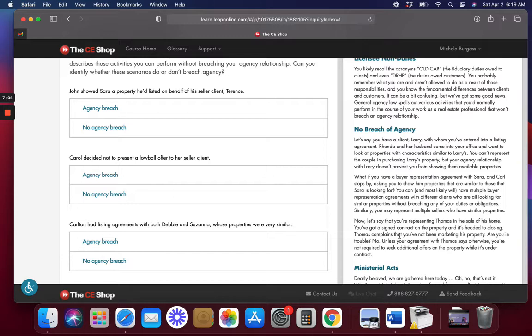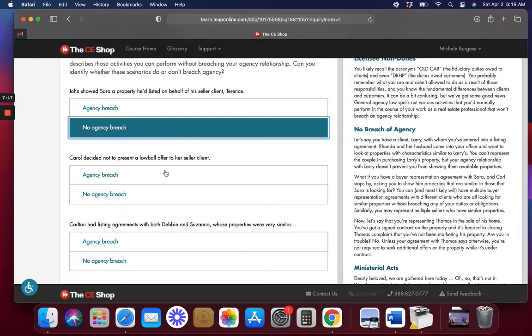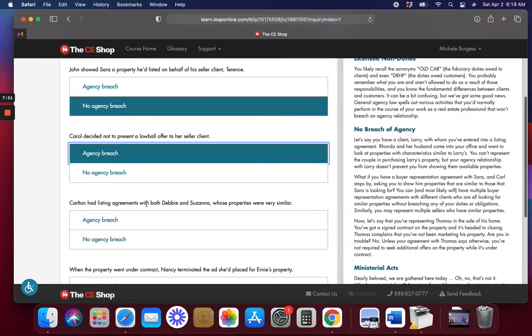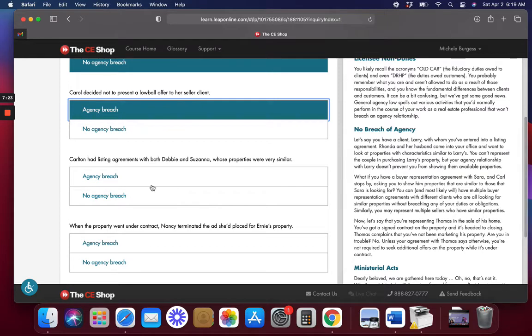All right. John showed Sarah a property he listed on behalf of his seller client, Terrence. I want to say no. Carol decided not to present a lowball offer to the seller client. I would say that's a breach. Carlton had listing agreements with both Debbie and Susanna, whose properties were very similar. No breach there.